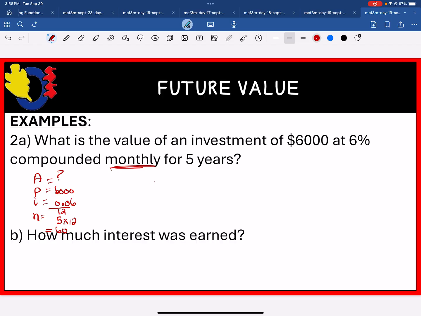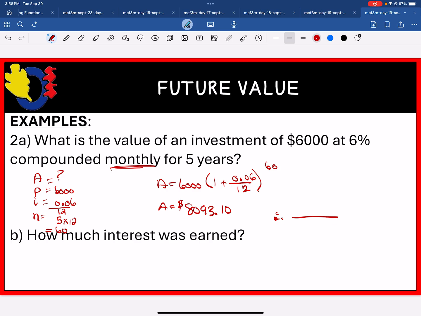So plugging in, A is equal to 6,000 times (1 plus 0.06 divided by 12) to the exponent 60. Once you plug that into your calculator, you get $8,093.10. So therefore, the value of the investment after 5 years is $8,093.10.